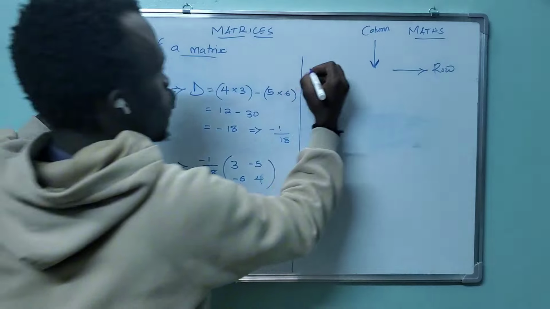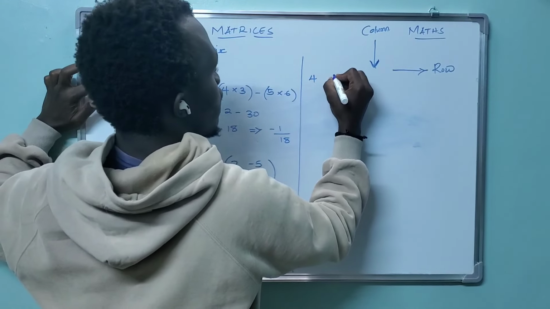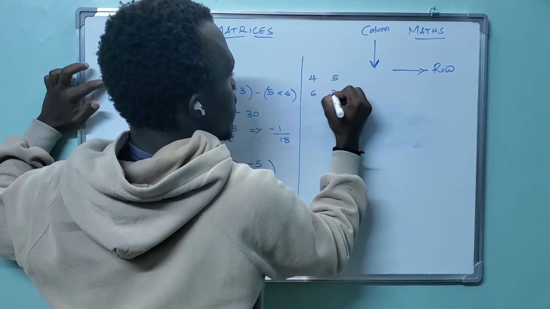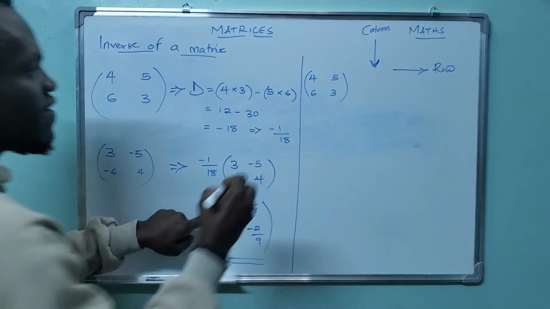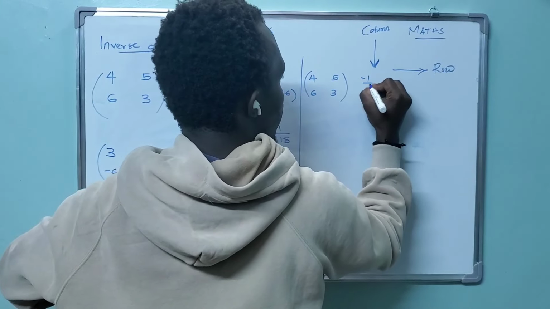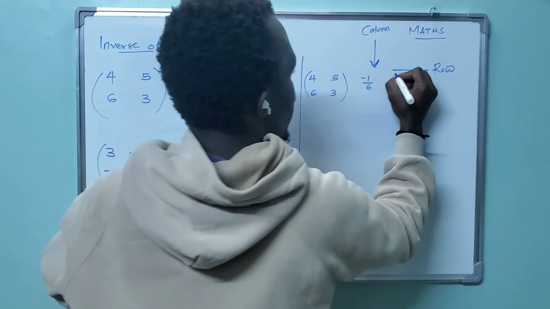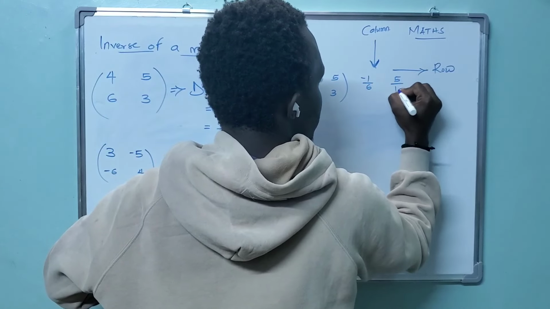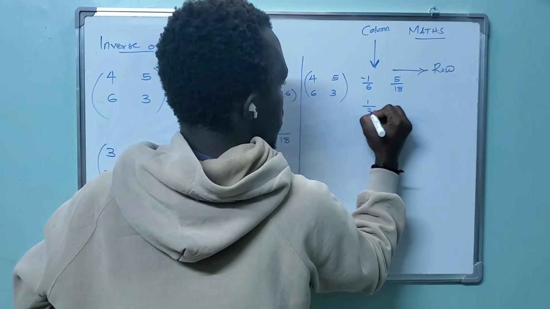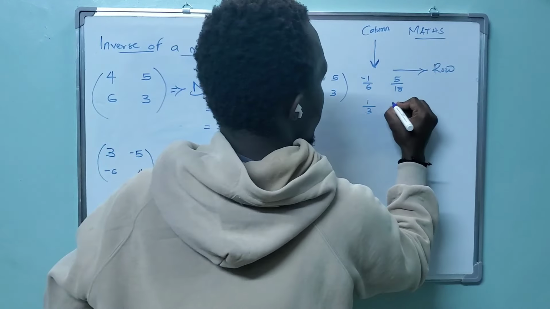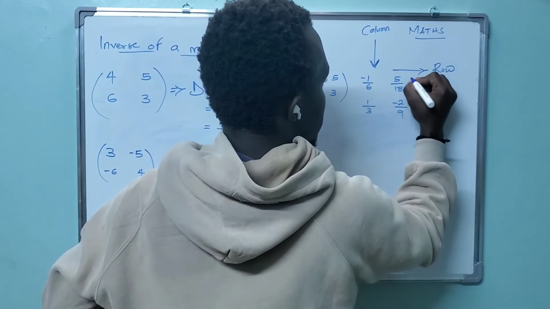The original matrix was 4, 5, 6, 3, and I want to multiply it with the inverse, which is negative 1 over 6, 5 over 18, 1 over 3, then negative 2 over 9.